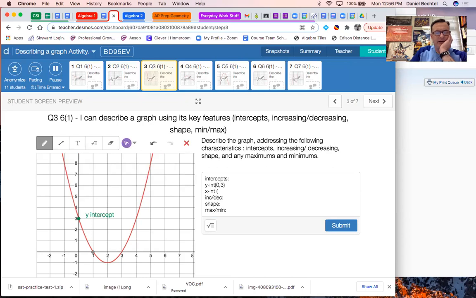I got one at 1, and I got one at 3 right there. So these are two places where it crosses. And sometimes when a curve goes down and back up, that is going to give us two different points. So if these are both of my x-intercepts, then I need to be able to write them both over here.